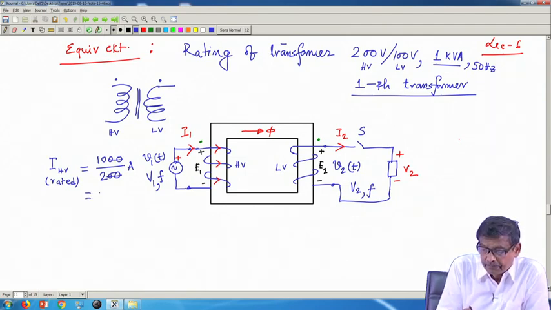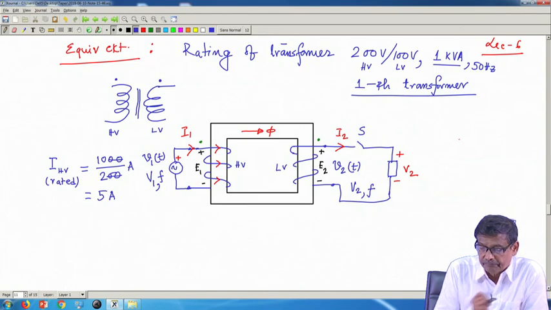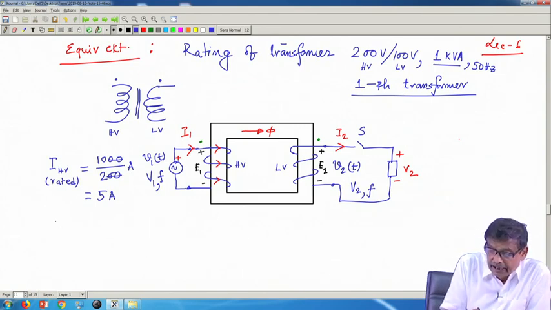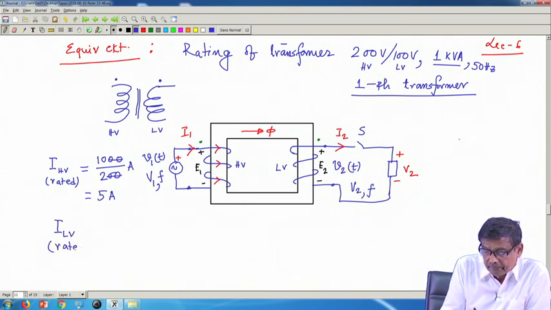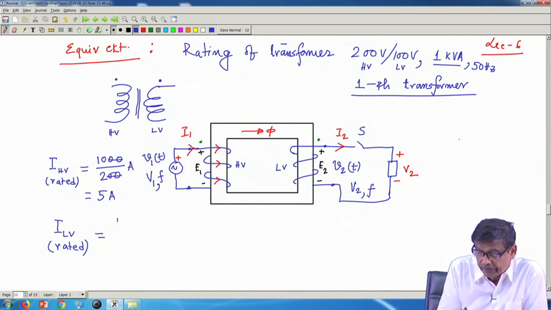It will become 5 ampere. Similarly, I will calculate I LV rated. As the kVA remains the same, 1000 divided by 100 ampere, which is equal to 10 ampere.